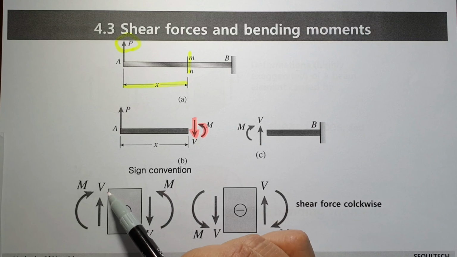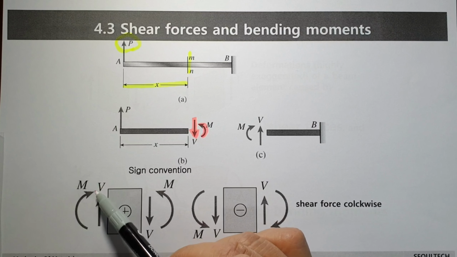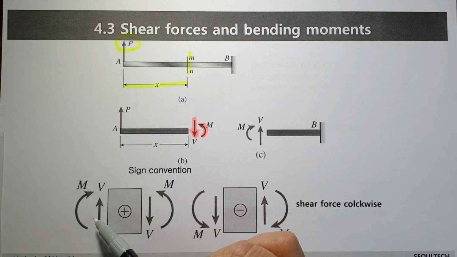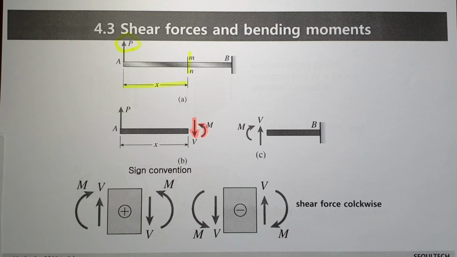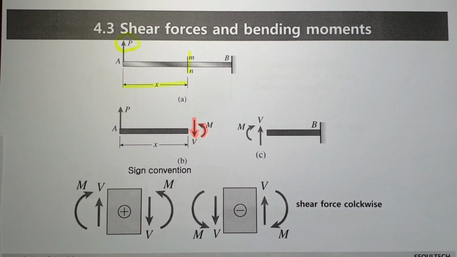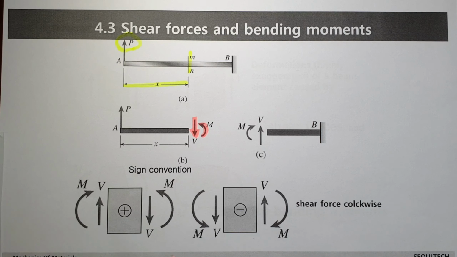When you consider the left side, the upper direction is positive for shear force, and the clockwise direction of moment is positive. That's an agreement. In some books, this direction is different, but in this lecture, I would like to use this sign convention.